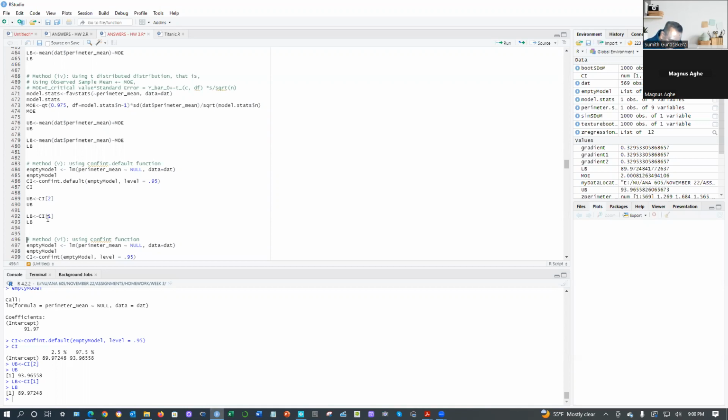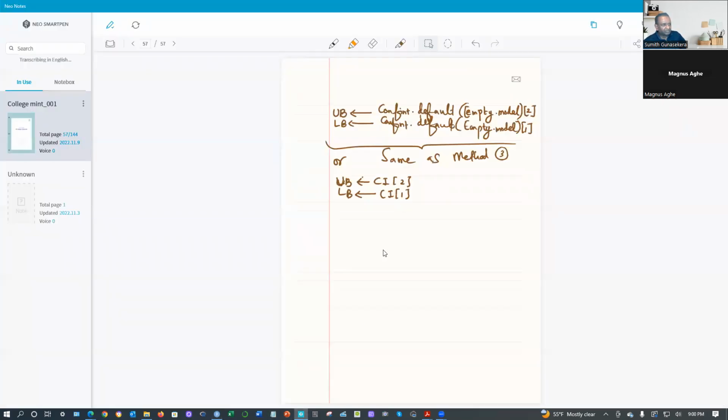No, I'm sorry, upper bound. Lower bound is CI 1. Either way, you can go straight to that one and recall all these. Same thing. That's number 4.